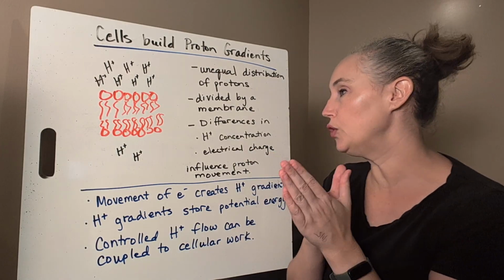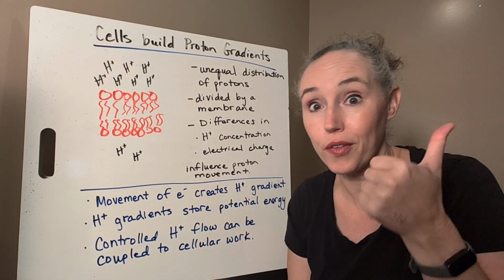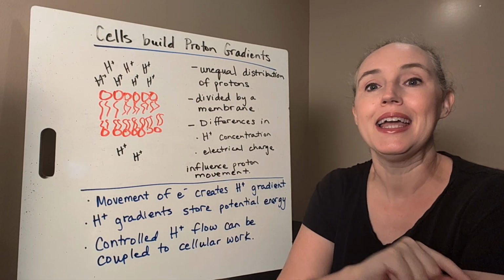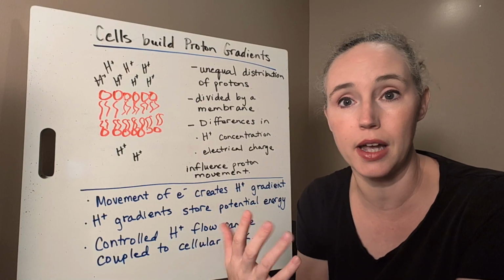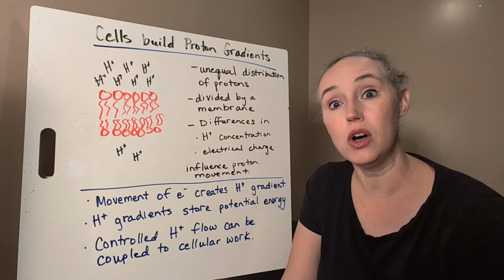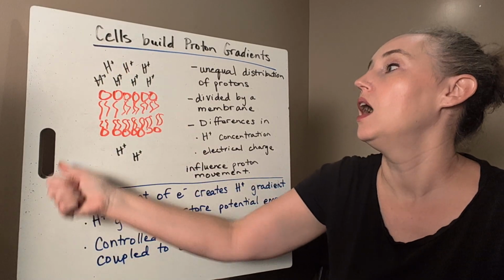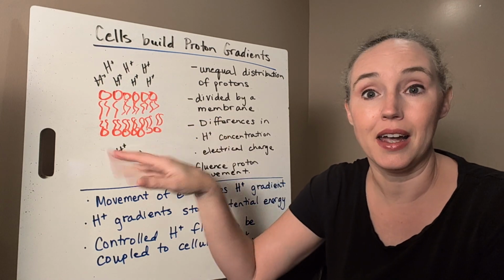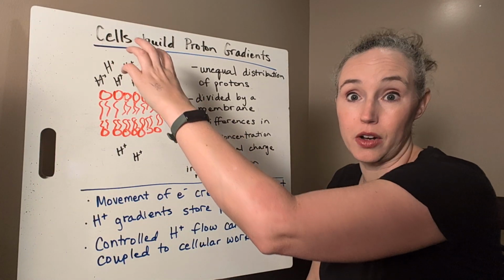So the movement of electrons, our friends from the previous slide, through things called electron transport chains, which are a series of proteins and proton pumps, is going to power the movement of H plus ions to a high concentration to build up a proton gradient.